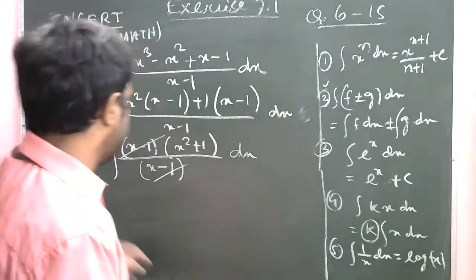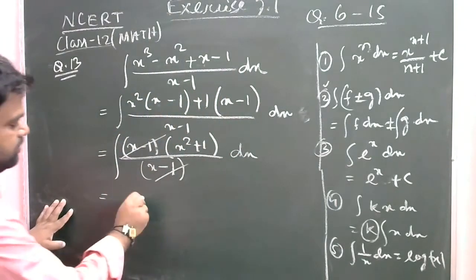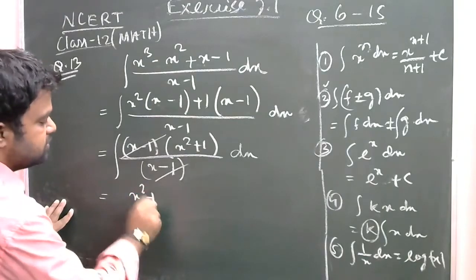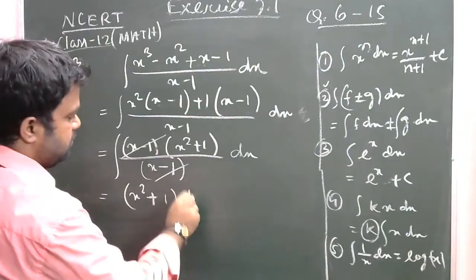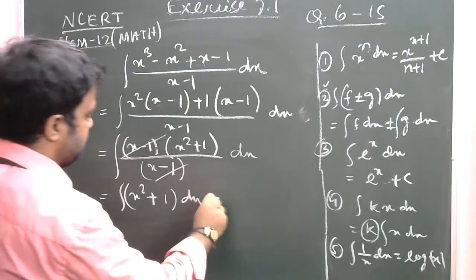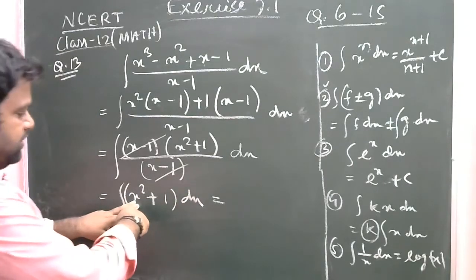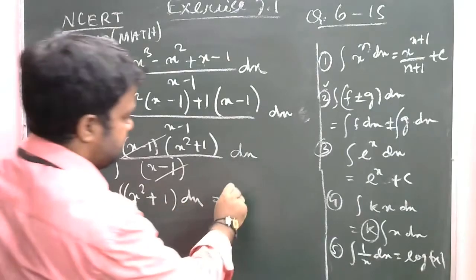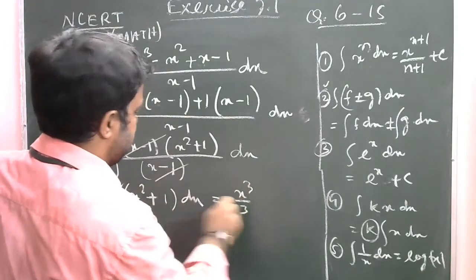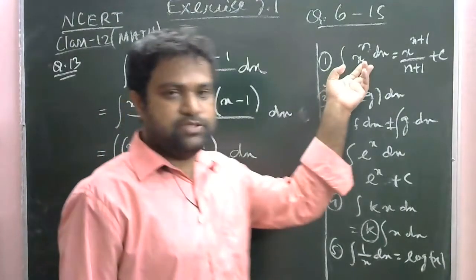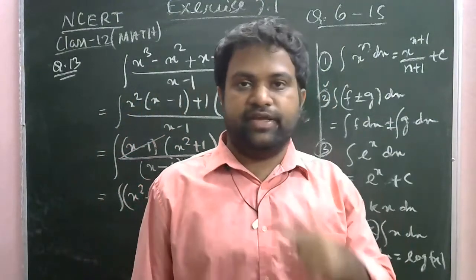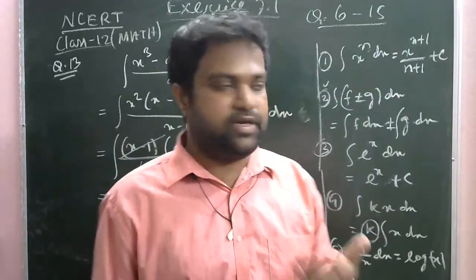Now what you will do? Now the problem becomes easy. That is integral of x square plus 1 dx. We can directly write x square dx is x cube by 3, 2 plus 1 by 2 plus 1. I'm doing directly, first formula use. X to the power n dx is equal to x to the power n plus 1 by n plus 1.